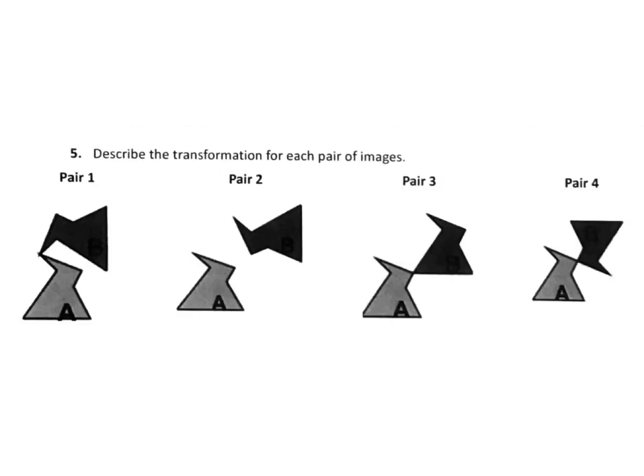Okay, same type of question. We're describing the type of transformation. This looks like a rotation. It looks like it's rotating counterclockwise. This second one here looks like a flipped image. So that one I would call a reflection.